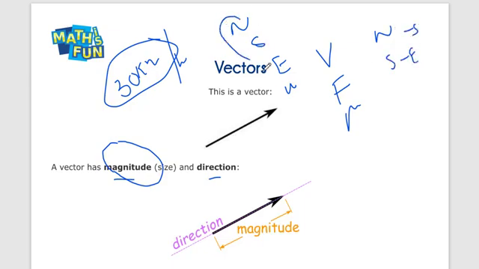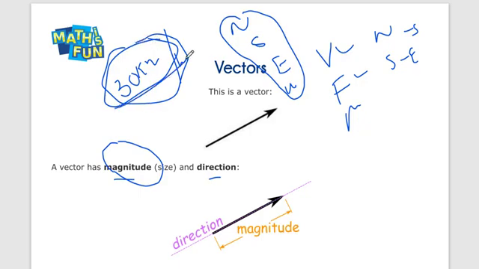So we always talk about velocity and force with magnitude. This is the magnitude of bike speed, 30 kilometers per hour, but we always also discuss which direction we were going. So this is the quantity which is always represented with magnitude as well as direction.